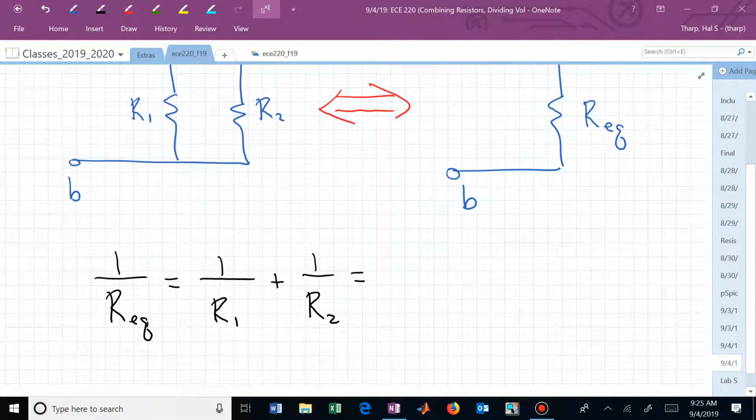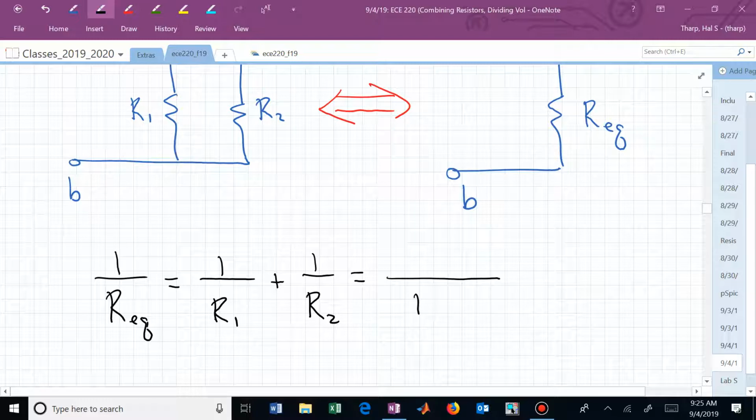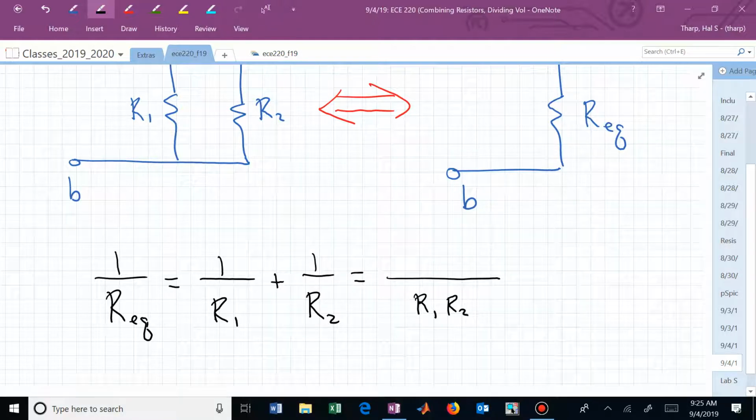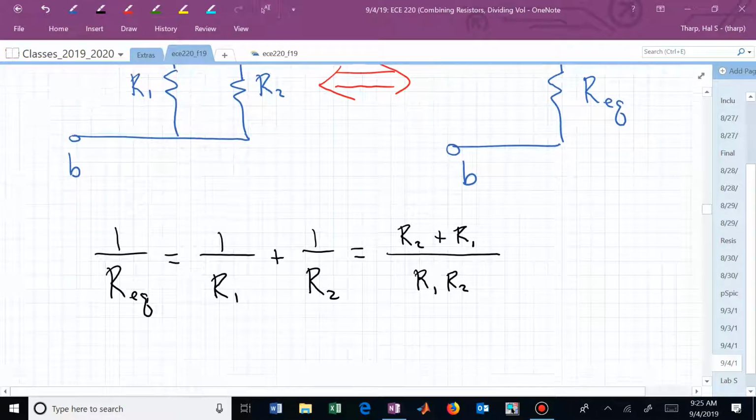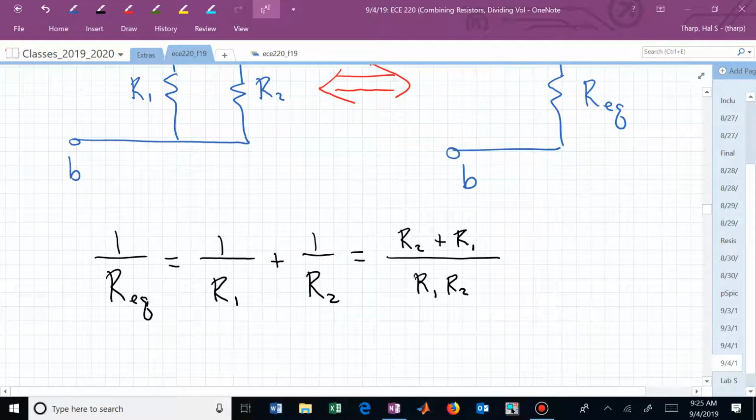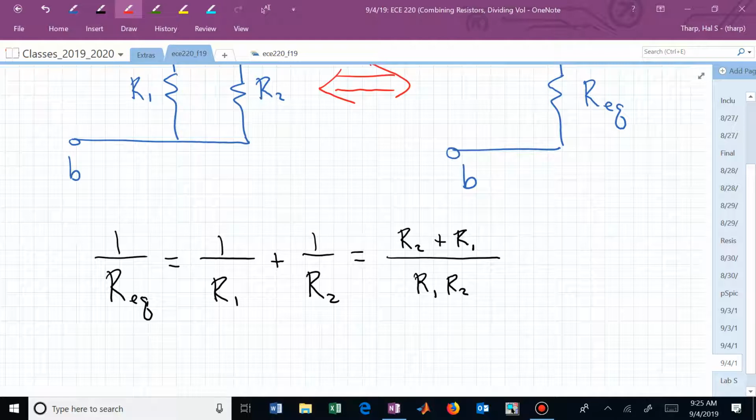And if we now use our algebra skills, we can put those over a common denominator, R1 times R2, and that means that we have R2 plus R1. Maybe it's not real clear what R equivalent is from that expression, but we can always multiply by 1.